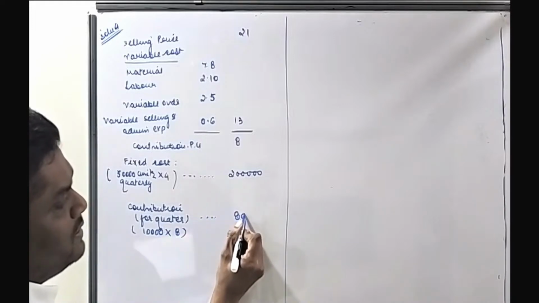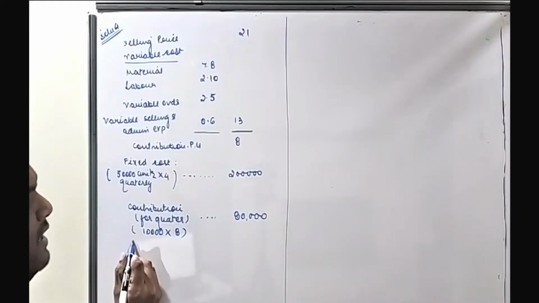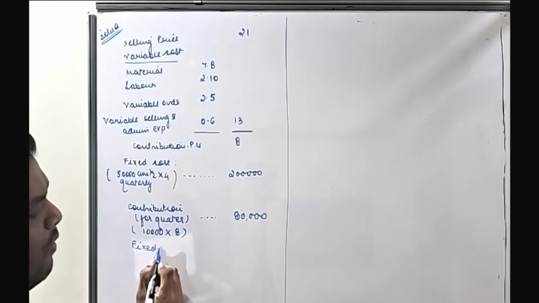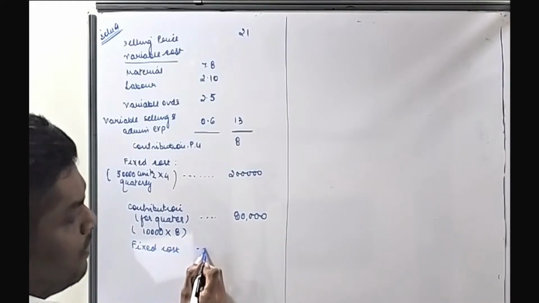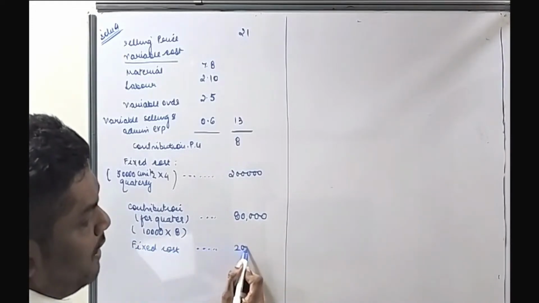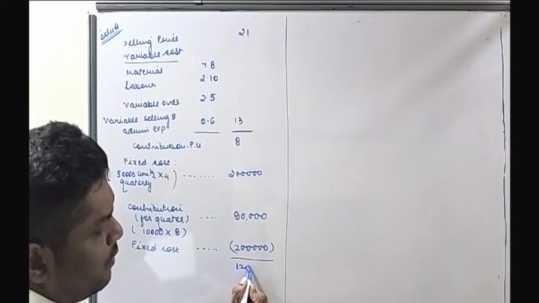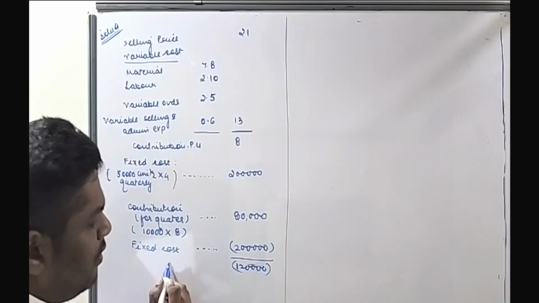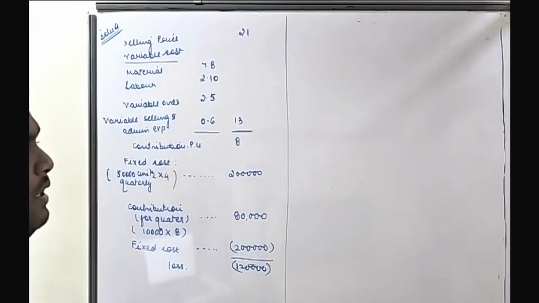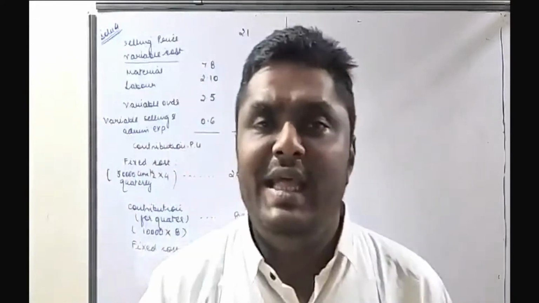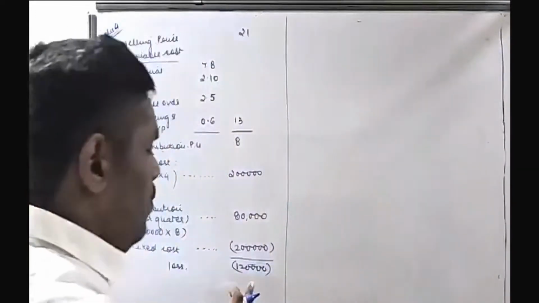So it is 80,000 minus fixed cost, which is 2 lakh. So there is a loss of 1,20,000. Now see, if the company is operating, they will be making a loss of how much?